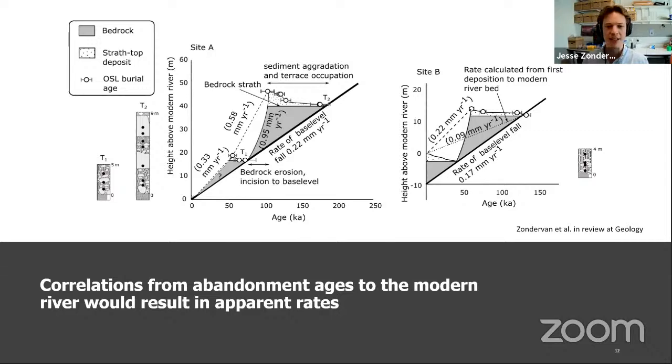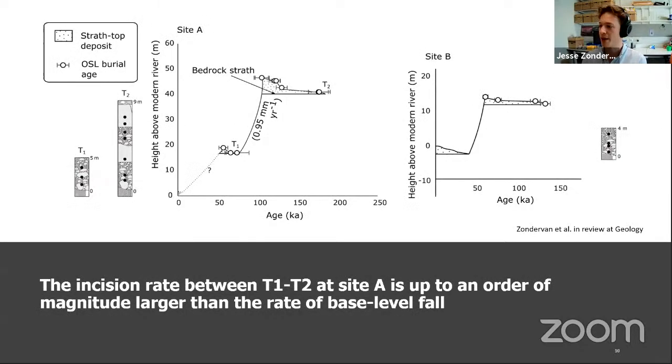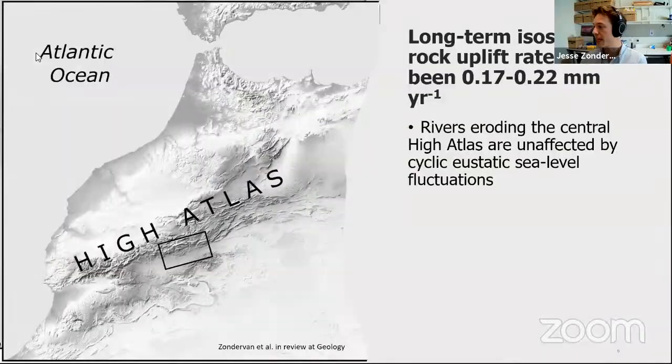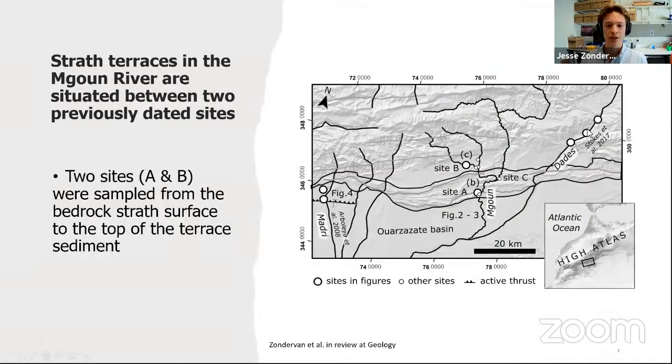But I can say that what's important here in this site, compared to, for example, the Andes, is that in the Andes you find a lot of bedrock meandering. In that case, you see this lateral shifting of the river, and a lot of these terrace staircases follow because of this lateral migration during incision.